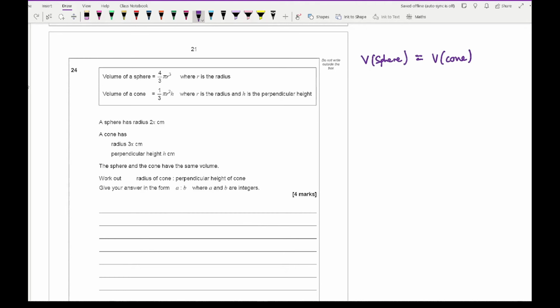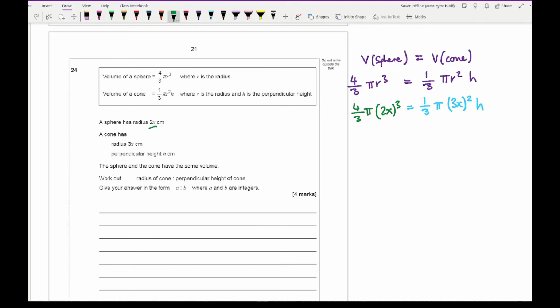So let's look at substituting these values in. So I've got 4/3 pi r cubed equals 1/3 pi r squared h. Now we know what the radius of the sphere is, so if I substitute this in, I've got 4/3 pi 2x cubed equals 1/3 pi, the radius of the cone is 3x, squared h. So let's simplify each of these.